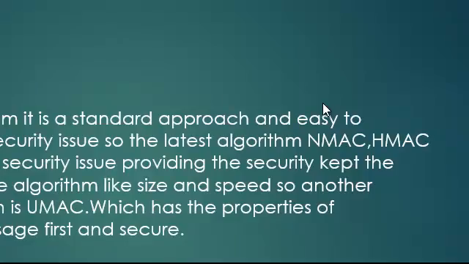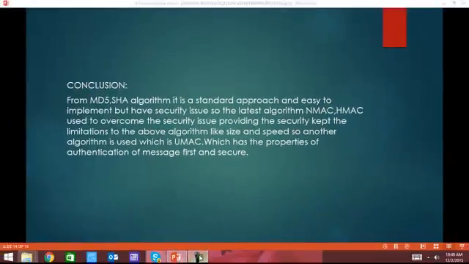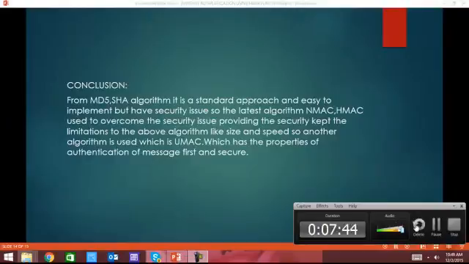Coming to the conclusion, we have all the issues of the older algorithms, MD5 and SHA. Since these have some security issues and the computing time is high, we need to implement new algorithms.